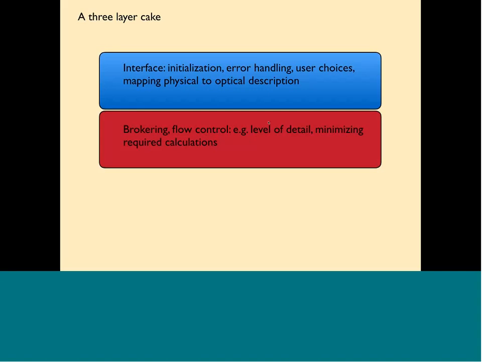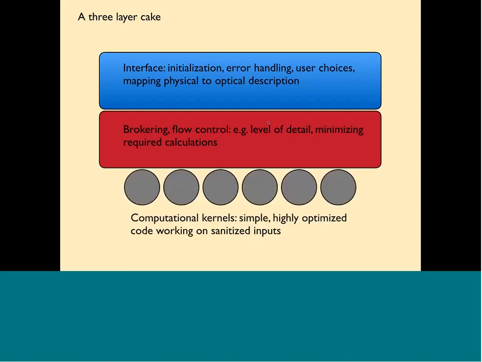Do you want clear sky fluxes, which are primarily useful for diagnosis, or do you just want heating rates at this radiation call? So we have this brokering layer, and beneath that, we have a set of computational kernels. And here, obviously, those of you who are involved in efforts to put things on GPUs, you'll recognize this terminology.